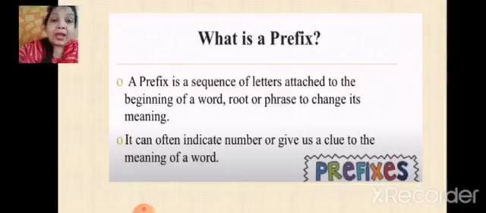So bi, that's B-I, it means 2. Further, children, we are going to come up with a lot of words with prefixes. Now we will understand once again what a prefix is. As we know, a prefix is a sequence of letters added to the beginning of a word, root or phrase to change its meaning.